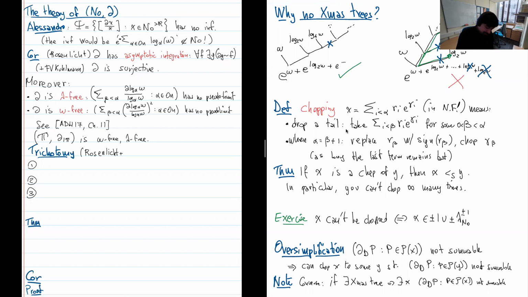This is more or less a consequence of the work of Rosenlicht, but this one works for H fields. If K with derivation D is an H field, then exactly one of the following happens, based on what this class psi does in the field K. So either psi K has no infimum. In this case, there is asymptotic integration.